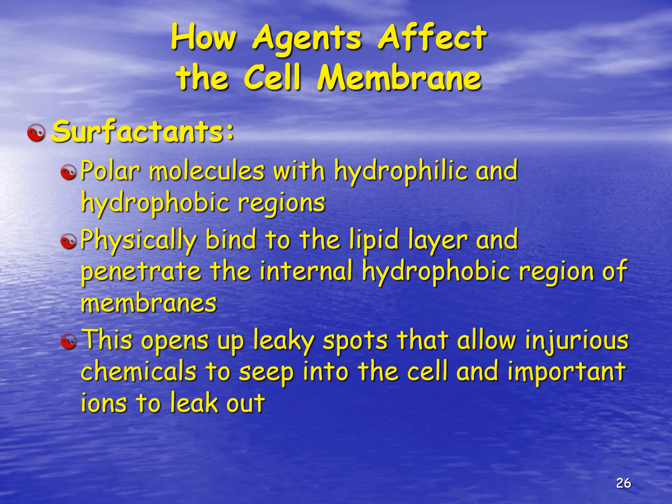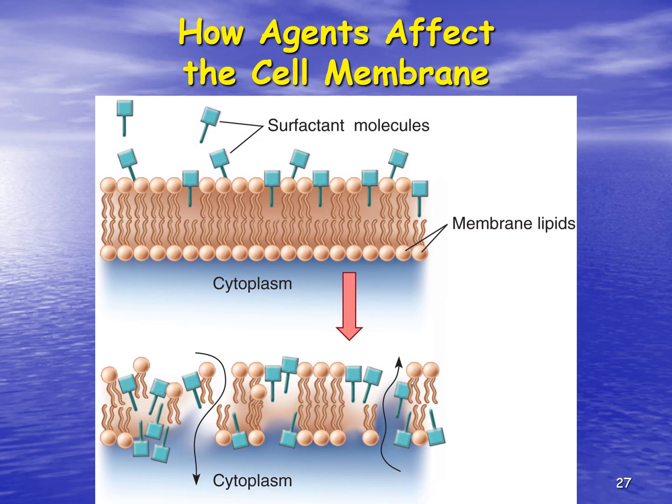This will open up leaky spots that will allow things to seep into the cell and important ions to leak out. So this is what it looks like. These surfactant molecules have a hydrophilic head and a hydrophobic tail, very similar to the phospholipids. And they simply will intersperse in between the phospholipids and break up the membrane.